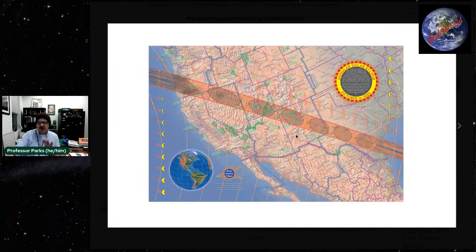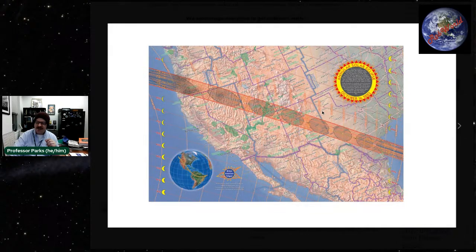So here's a closer look at who will see what. This orange band is what we call the path of annularity. If anyone is living or happens to be in the United States where this path is, they will see an annular eclipse for some amount of time.